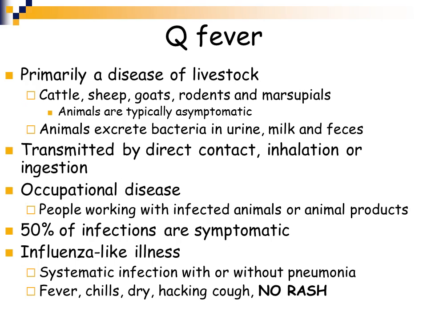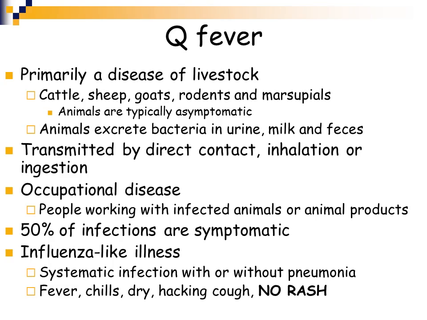Now, Coxiella burnetii causes the disease Q fever, and Q fever is primarily a disease of livestock. So animals are usually asymptomatic, but animals can be infected with Coxiella burnetii, and these include cattle, sheep, goats, rodents, and marsupials.